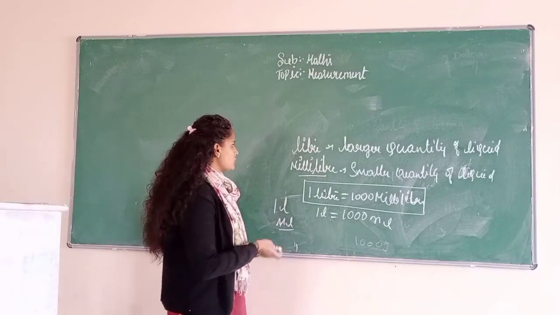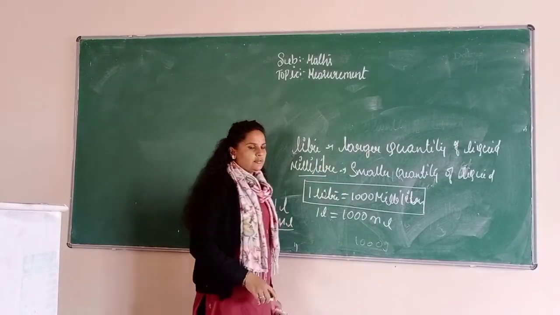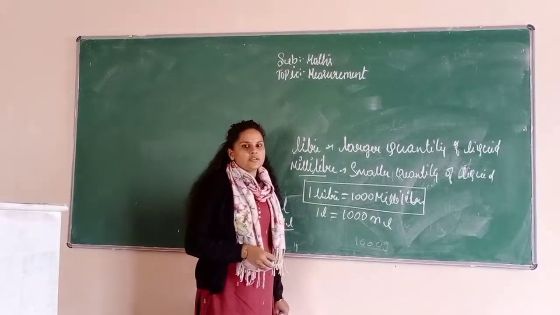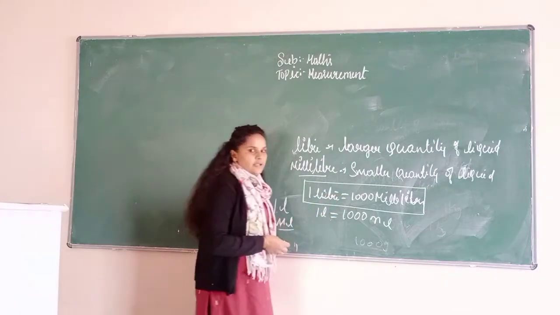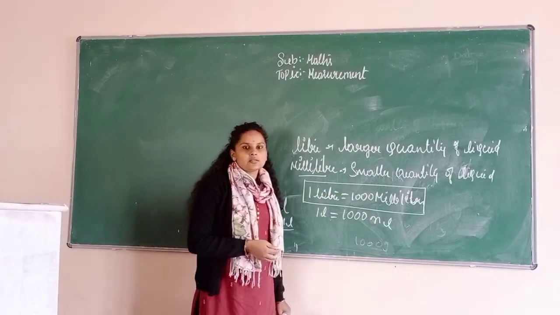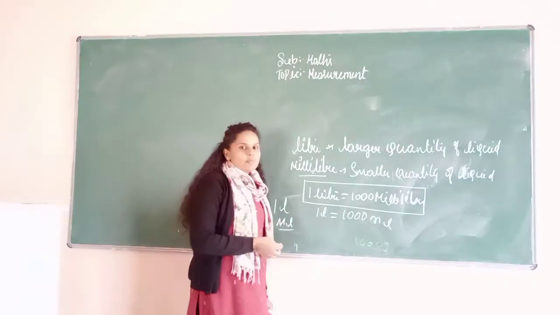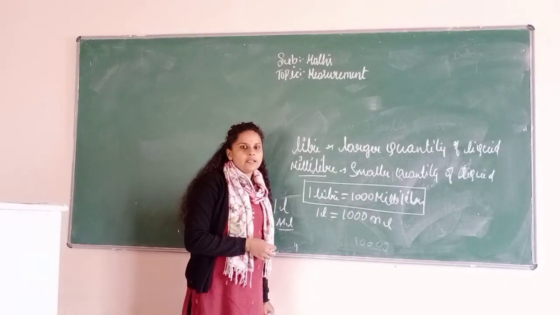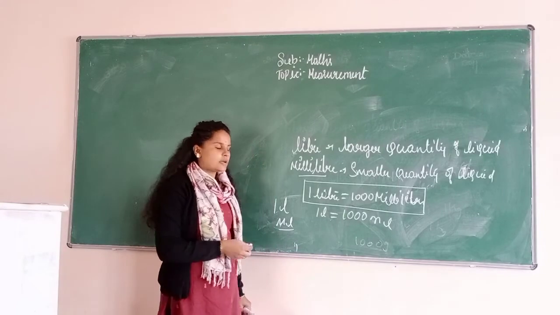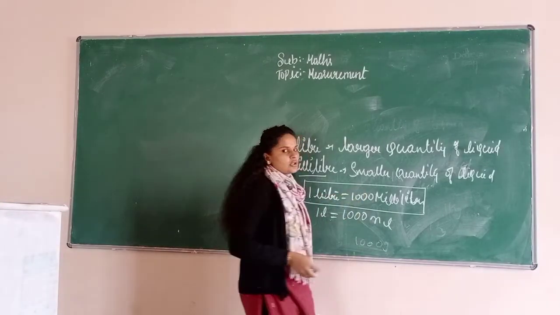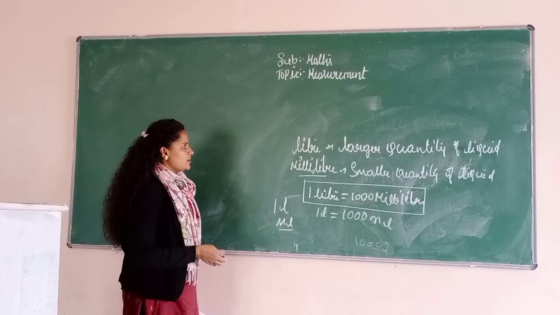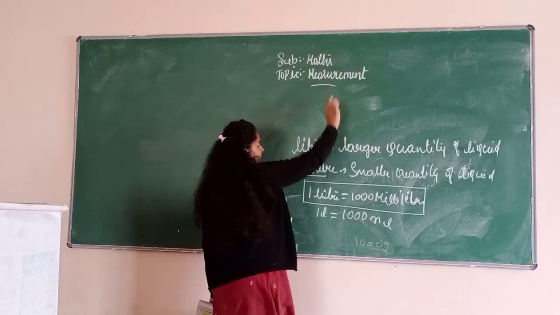Liter is used to measure the larger quantity of the liquid, and milliliter is to measure the smaller quantity. We know 1 meter is equal to 100 centimeter, 1 kilometer is equal to 1000 meter, 1 kilogram is equal to 1000 gram, and 1 liter is equal to 1000 milliliter. This is all about the measurement.